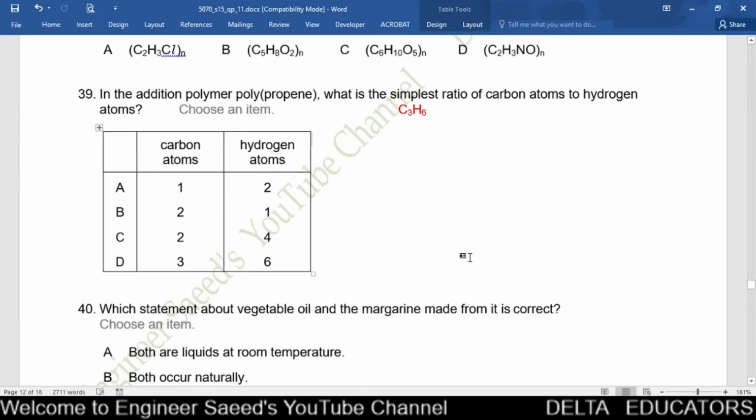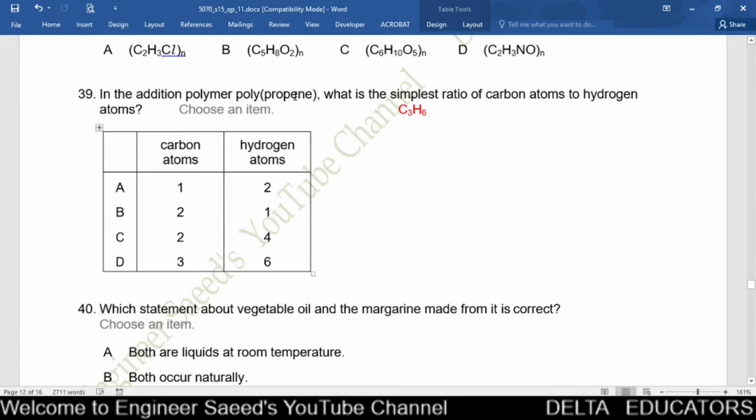Question number 39. In the addition polymer polypropene, what is the simplest ratio of carbon atoms to hydrogen atoms? Propene belongs to the alkene family, and what is the general formula for alkenes? It is CnH2n. Means in an alkene, the number of hydrogen atoms is 2 times the number of carbon atoms.